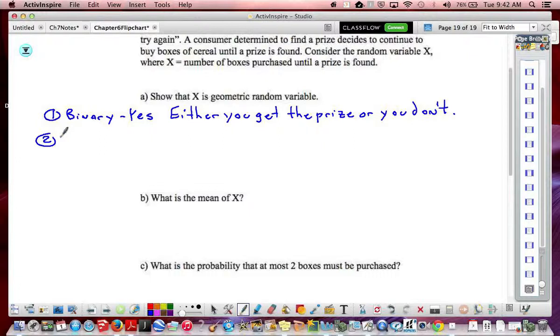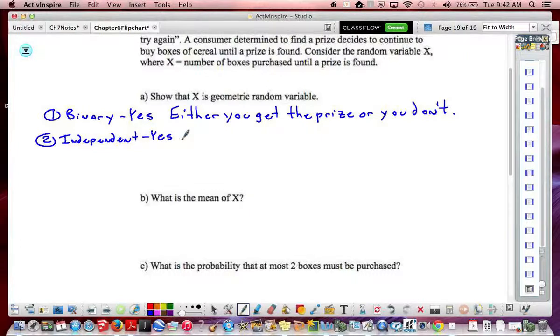Is it independent? Does getting a prize in one box impact you getting the prize in the next box? No. So we would consider this independent, so we would say yes.